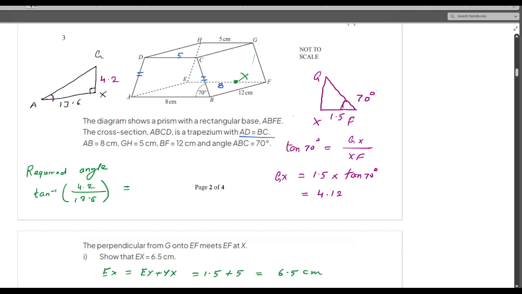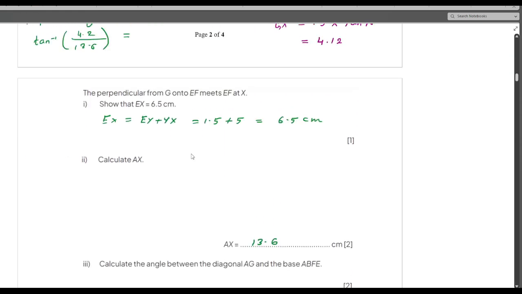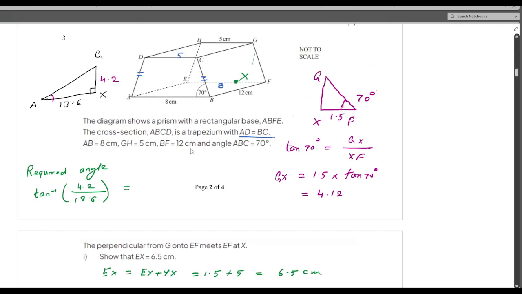So this equals tan inverse of our answer divided by the length here, which is 13.6.